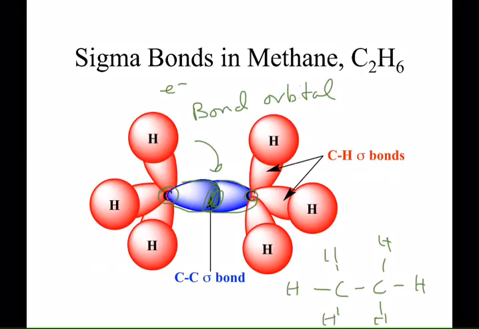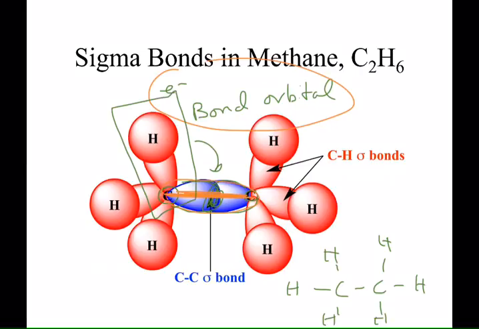They're all sigma bonds. The sigma bond lies where the electrons are shared, and that bond orbital actually lies in a line between the nuclei of the two atoms. Now we can pick on any of these carbon-hydrogen bonds.